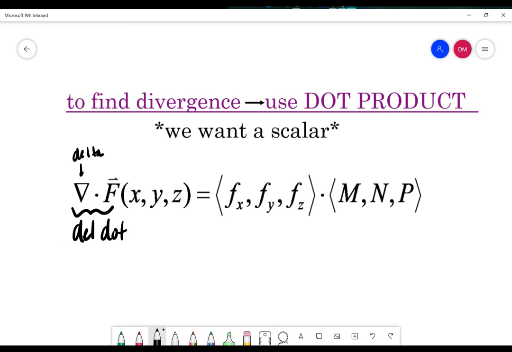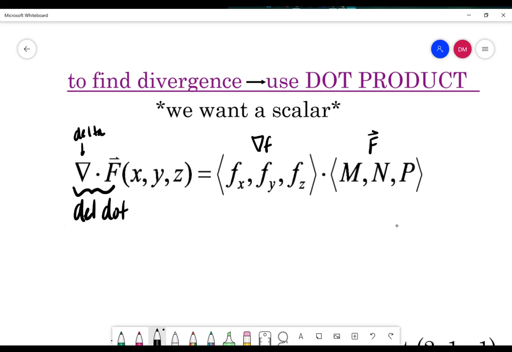So if you think about taking a dot product, here we have the gradient, which looks like all of those partials. We are dotting it with our vector field F defined by functions M, N, and P. And if I take the dot product, what I am doing is multiplying these corresponding coefficients, and then summing the result of all of that multiplication. So if I take partial x dotted with M, I am technically taking M partial x.